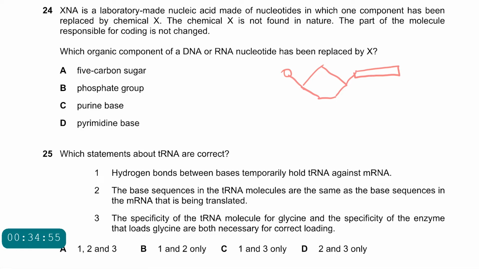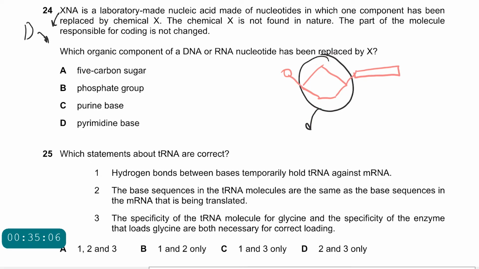So as we know, the D in DNA represents the deoxyribose sugar, and it's the pentose sugar right here. Then we know that a pentose sugar is also a 5-carbon sugar, therefore the answer is going to be A. And a side note, for DNA the sugar is deoxyribose, but for RNA the sugar is only ribose.